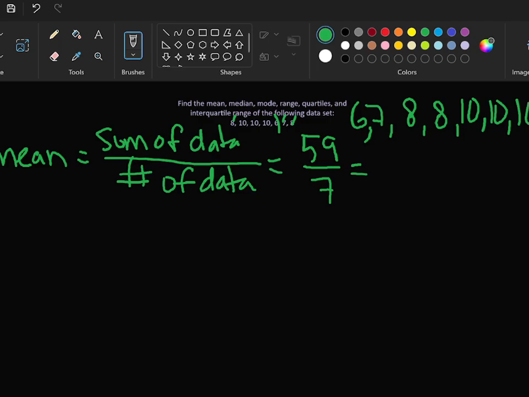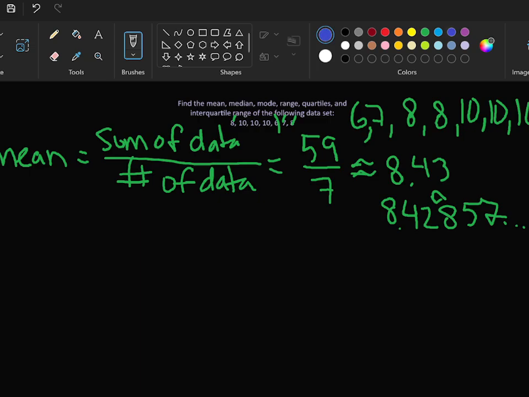And that's not a very nice number, but that's okay because we can round it. I typically round to 2 decimal places. So I get 8.42857, so 8.43, because that 8 will bump that 2 up to a 3. So I'll say that our mean is 8.43 because that's a good enough estimate.